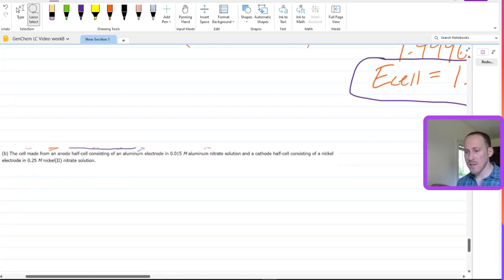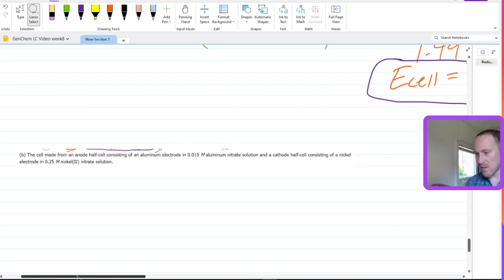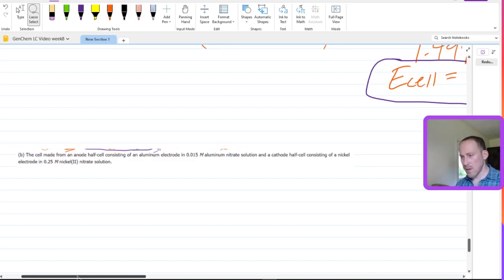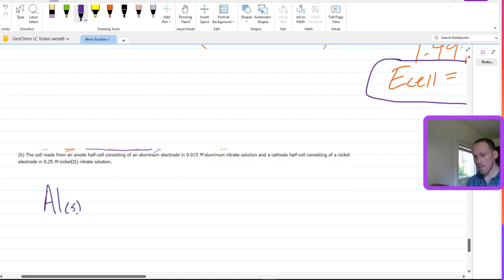Okay, so this one says a cell made from an anode half cell consisting of an aluminum electrode and a nickel electrode. Let me just try to write this out. So the anode half cell, we've got aluminum, and we have 0.015 molar aluminum nitrate.